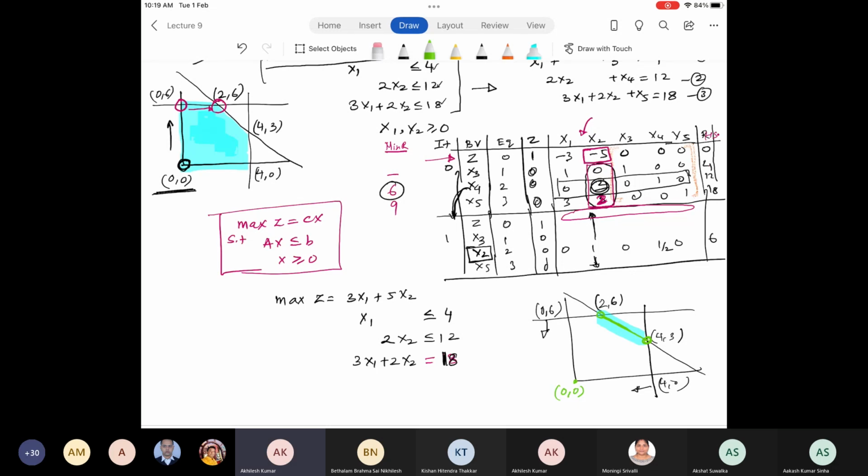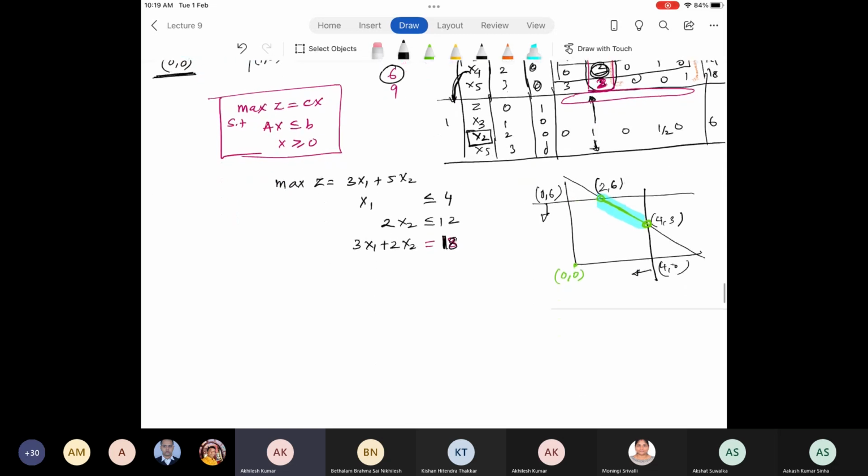Let's first expand it. So let's say g equals 3x1 plus 5x2 is my zeroth equation. x1 plus x3, slack variable, equals 4. 2x2 plus x4 equals 12 and 3x1 plus 2x2 equals 18.